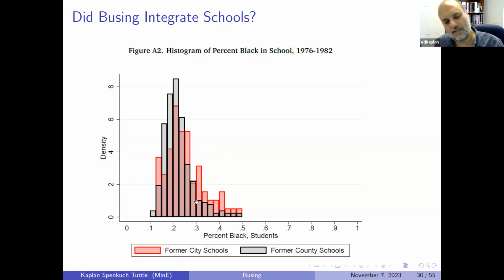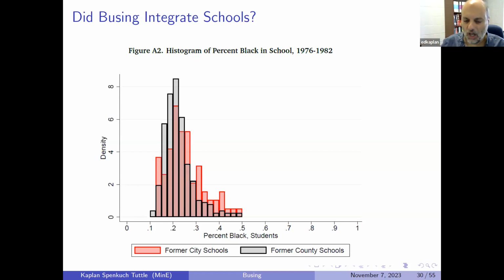The thing that's impressive about this figure is that the fraction of schools which are 20% Black is not that different between the formerly white schools and the formerly Black schools. So in other words, if I got bused, maybe I'd have 22% of the school being Black, but if I stayed in my home school, I'd have maybe 20% being Black.